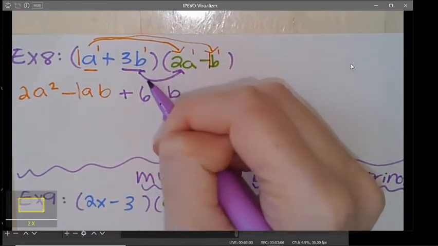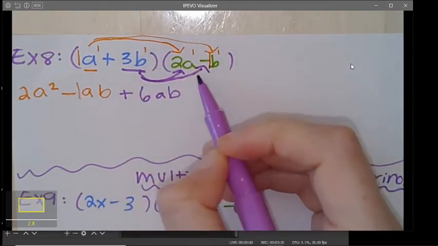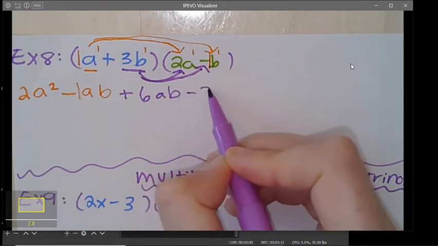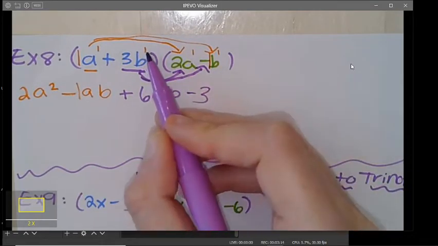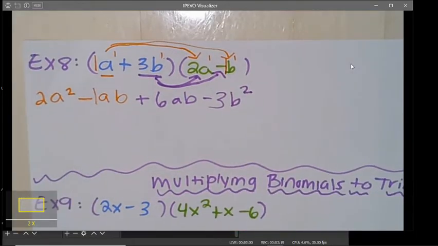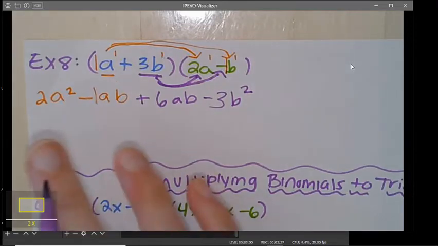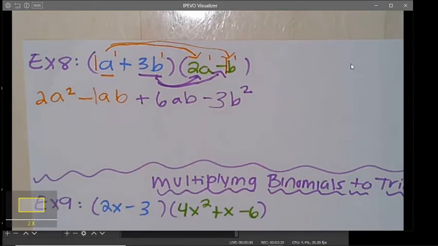Okay? And then 3B times negative 1B, well, 3 times negative 1 gives me a negative 3. And B times B, well, 1 plus 1 gives me 2. So negative 3B squared. Okay, and then after this, you just combine your like terms, which when you have more than one variable to deal with, the order that you write things in isn't as important.